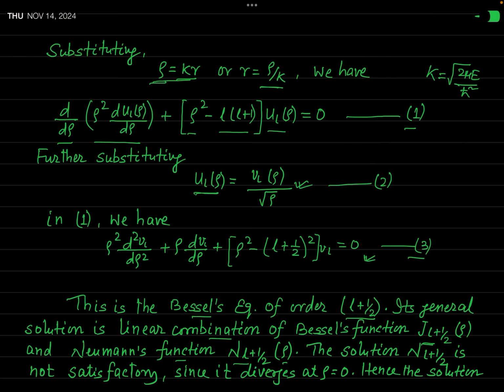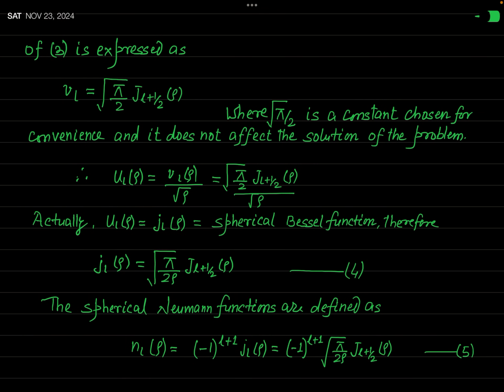In fact, the solution N of L plus half is not satisfactory because it diverges at rho equal to 0, and therefore the solution of equation 3 is expected like this: V_L equal to a square root of pi over 2 times J of L plus half of rho.